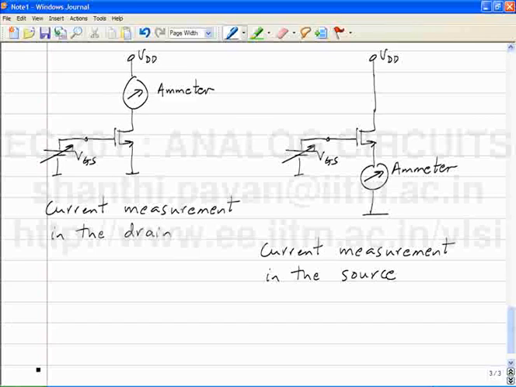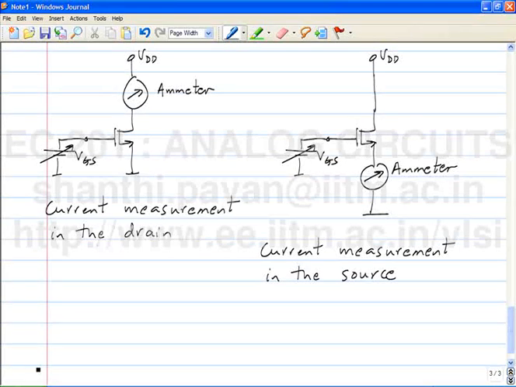So these seem to be two ways of measuring the quiescent current of the transistor. Alright. The next thing is, we need to change VGS. How many ways do you think there are of doing this? So you can change VGS by, yesterday what did we do? The source was grounded. We changed VGS by yanking the gate up or down.